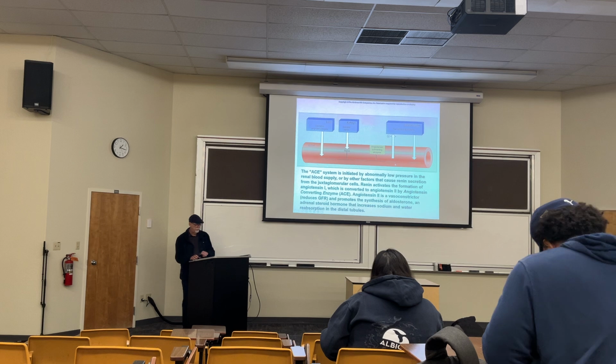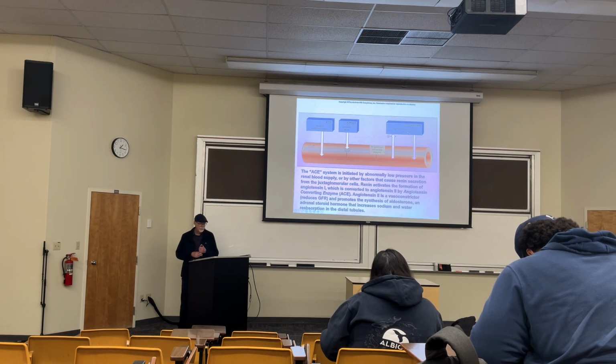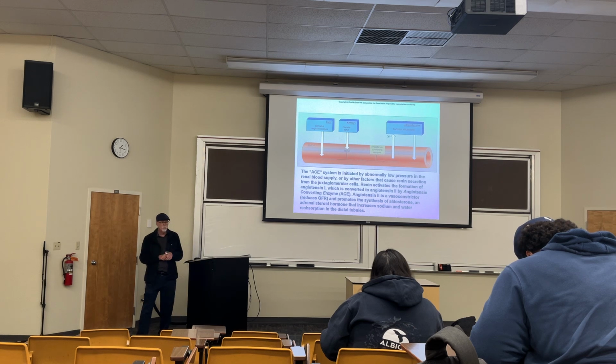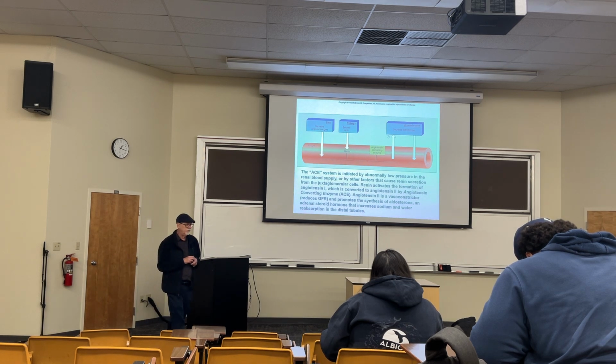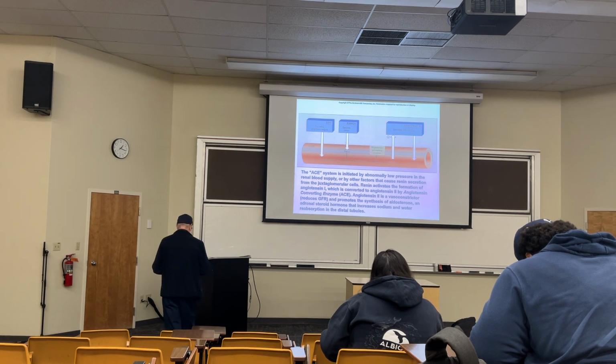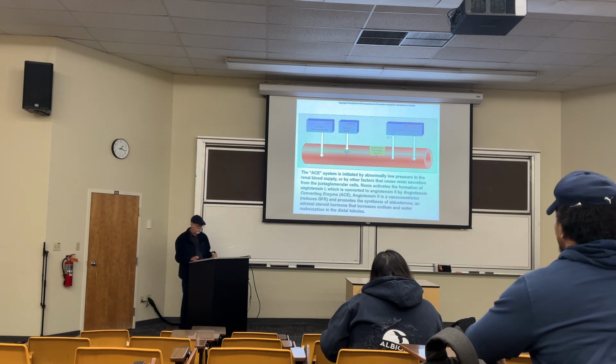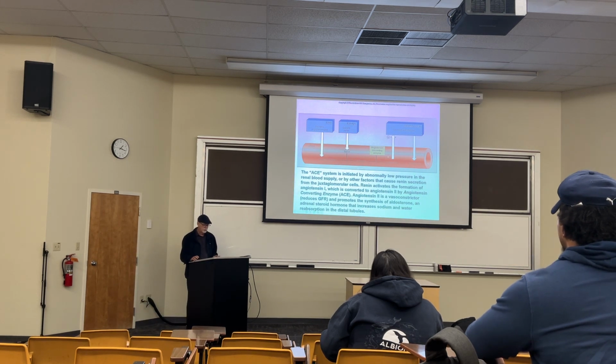Angiotensin 2 is a mild vasoconstrictor, but it also will stimulate the release of aldosterone from the zona glomerulosa of the adrenal cortex. Aldosterone will go to the distal convoluted tubule predominantly and cause more reabsorption of sodium, chloride, and water, and that will raise our blood pressure back up.